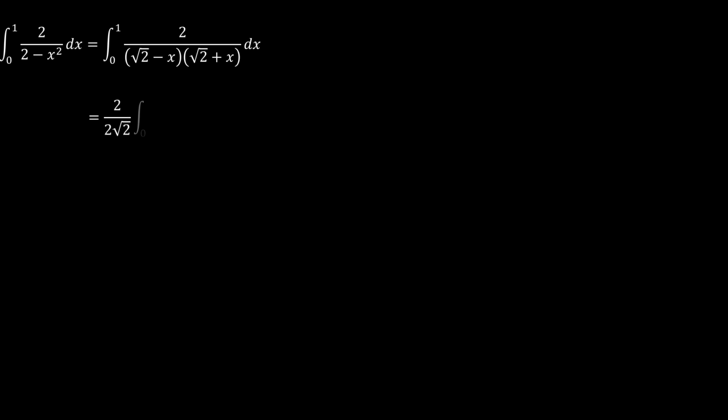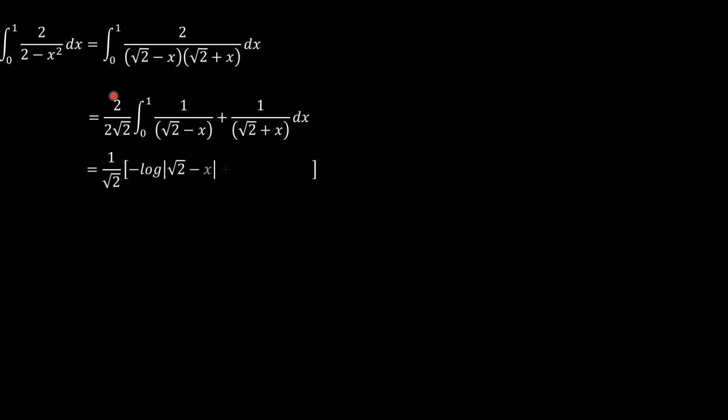And then if you use partial fractions there, it is the same as 2 over 2 square root of 2 times 1 over square root of 2 minus x plus 1 over square root of 2 plus x. And so that now means, because the 2's cancel, it is 1 over root 2.